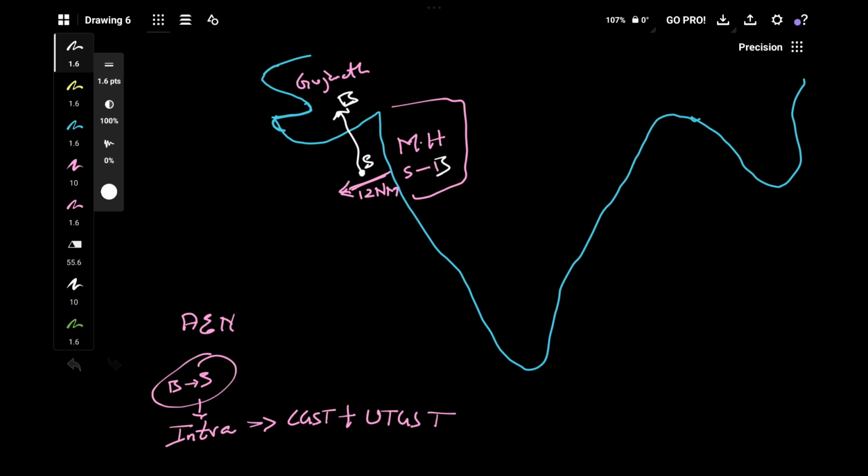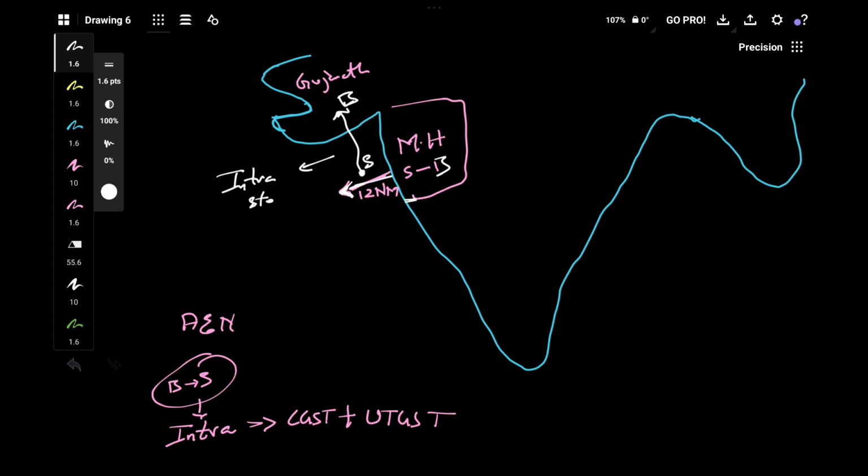So this is regarded as interstate. Why? Because Maharashtra isn't just till this coastline. Maharashtra will also include 12 nautical miles in the sea.